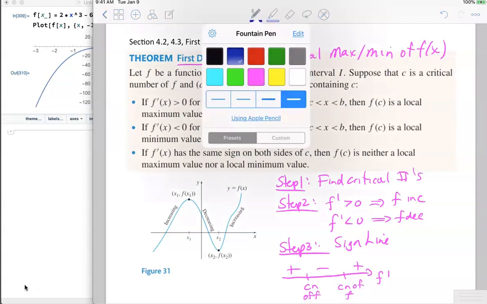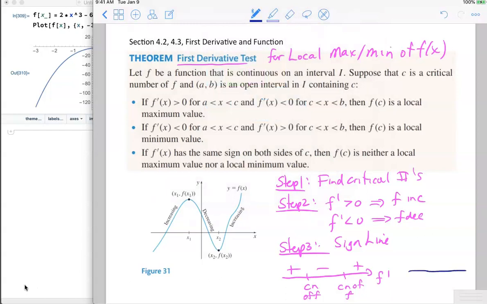We've also done the sign line for f double prime, and we put the critical numbers of f prime on this sign line and filled them out. And we know that this sign line for f double prime tells you when the derivative is increasing or decreasing.